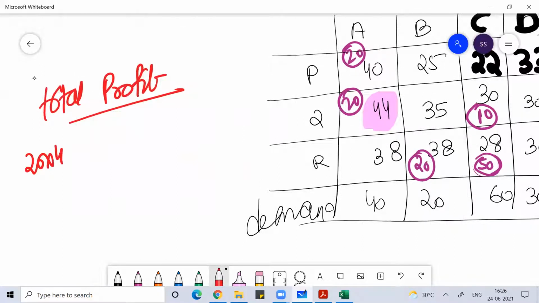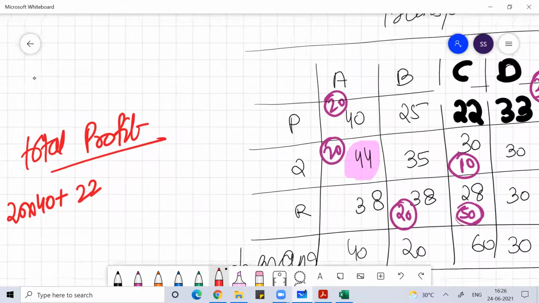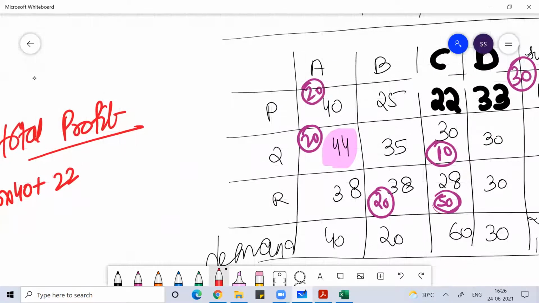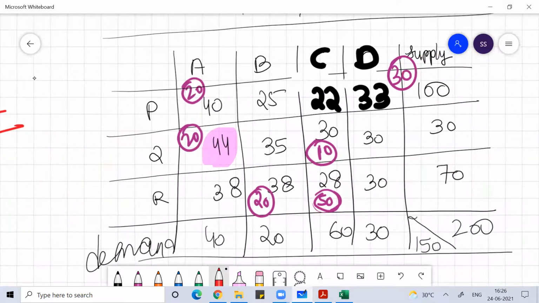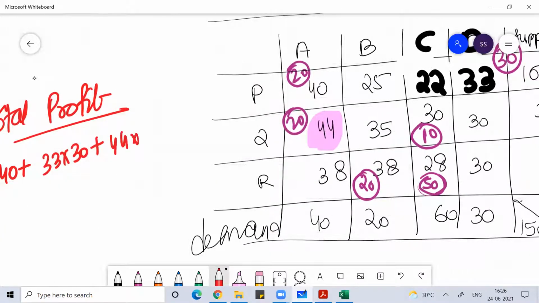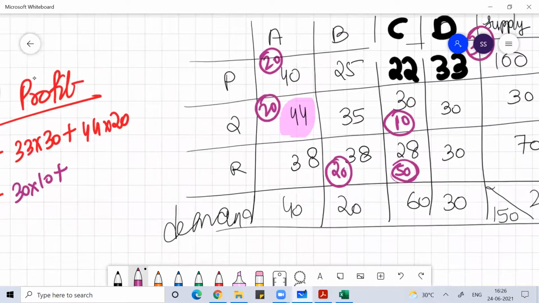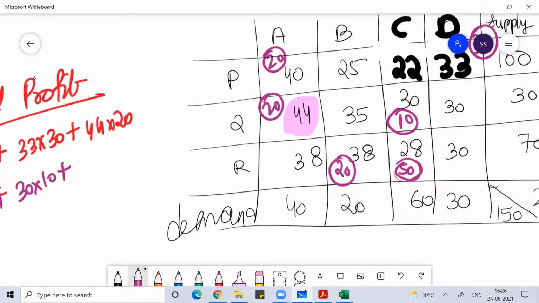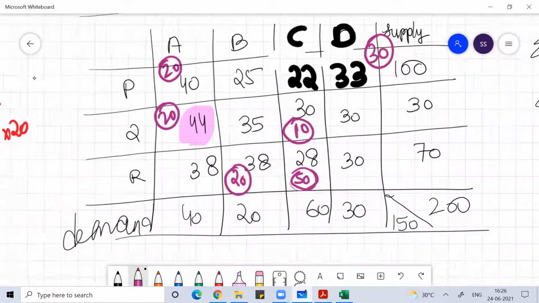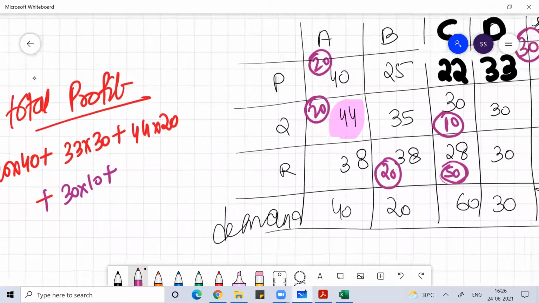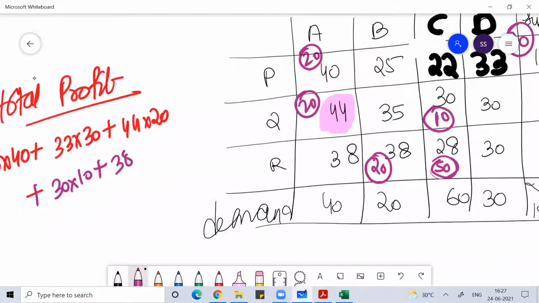That would be 20 into 40 plus 22 plus 33 into 30 plus 44 plus 20 plus 30 into 10 plus 44 into 20, then 30 into 10, then 38 into 20, and then 28 into 50.